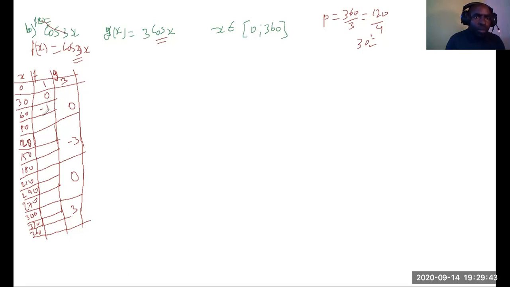Then 0, 1, 0, negative 1, 0, 1, 0, negative 1, 0, 1. Okay. Then I make my Cartesian plane.